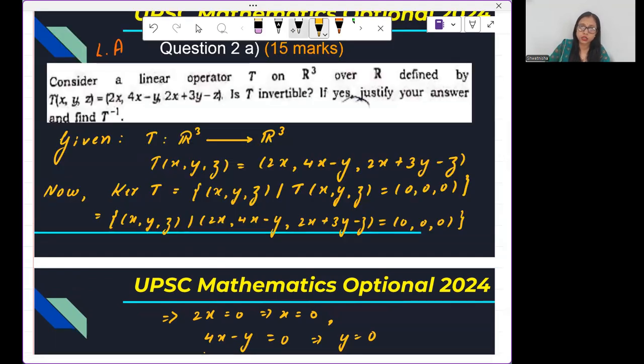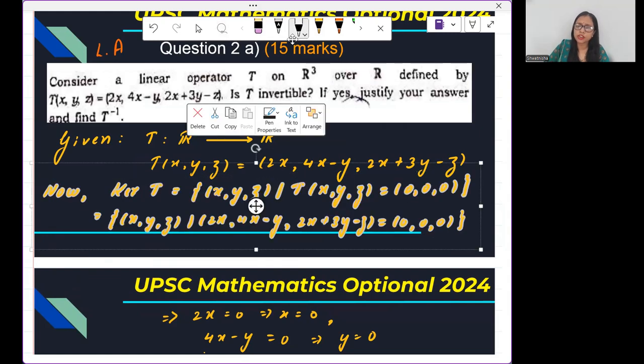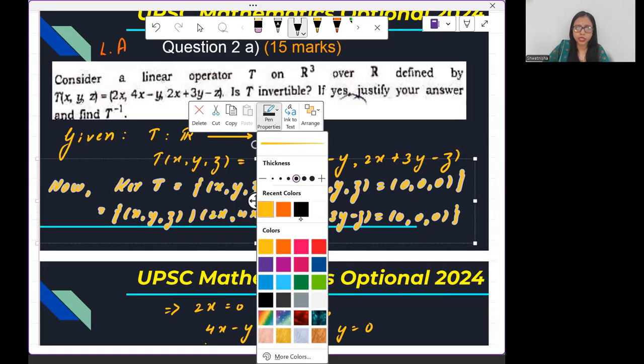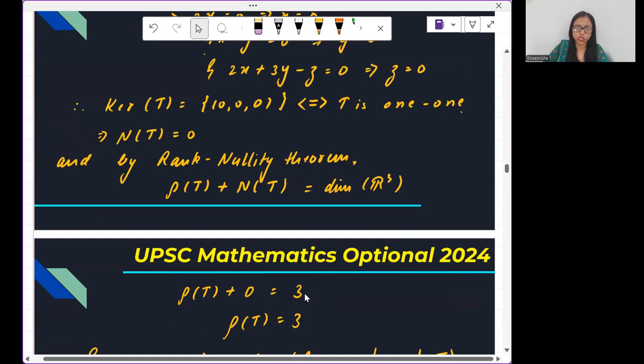So I'll remove this part. No, 1-1, you can keep it like that. Onto, let me change.